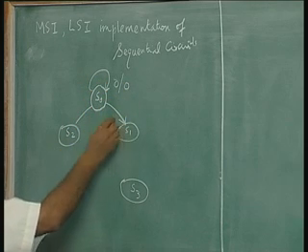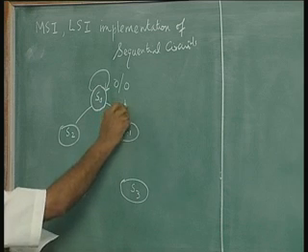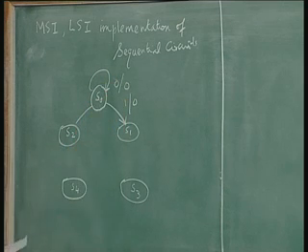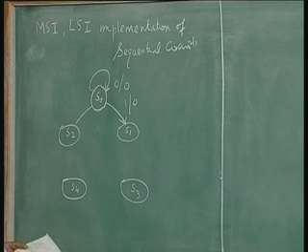You know what the interpretation of this graph means. One input, one output, and this has 5 states, and is this a Mealy machine or a Moore machine?